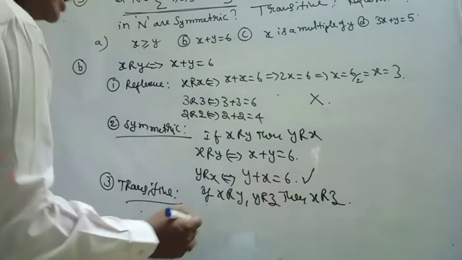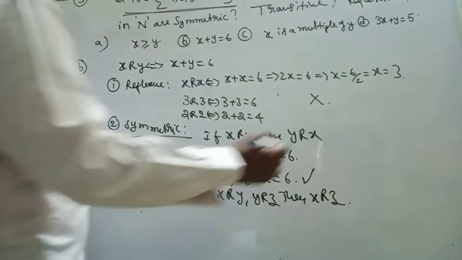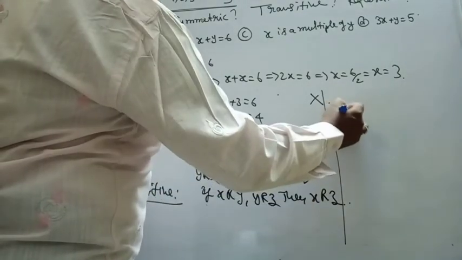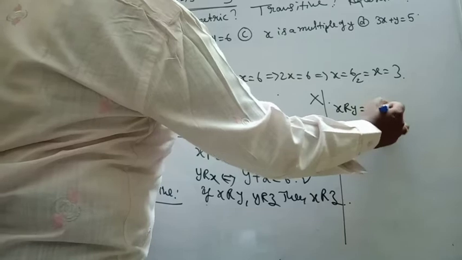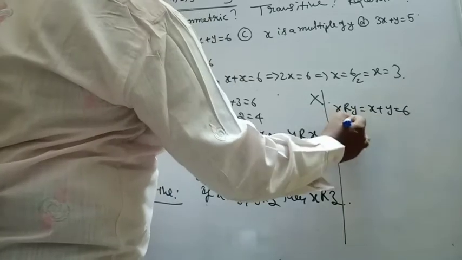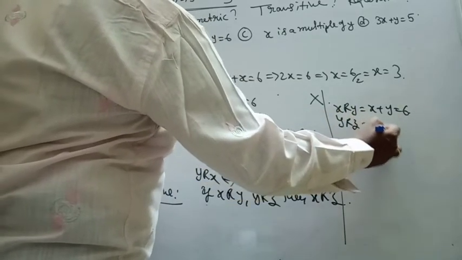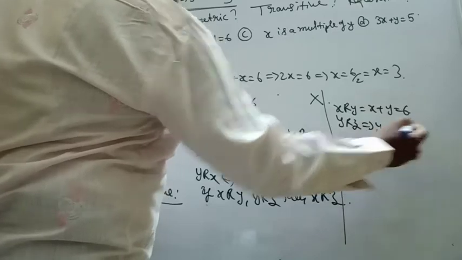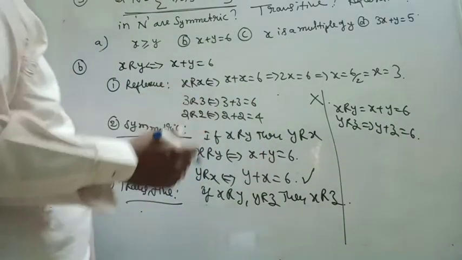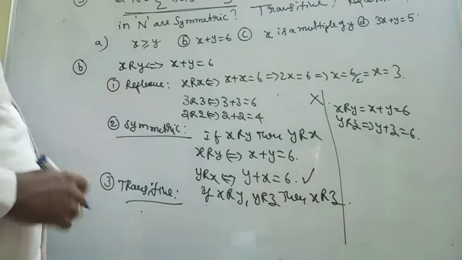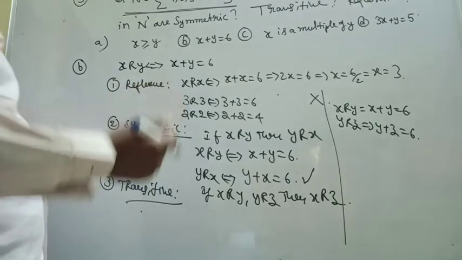Now see how we are going to do that. x related to y means x plus y equals 6. y related to z means y plus z equals 6. Using these two, can we say that x plus z equals 6? That is what we need.